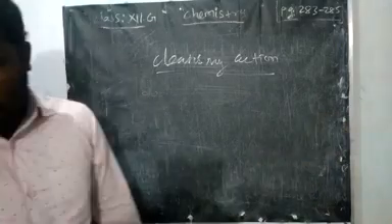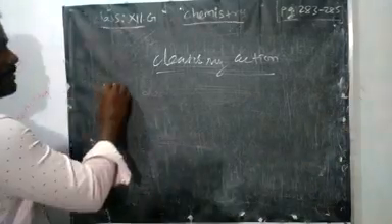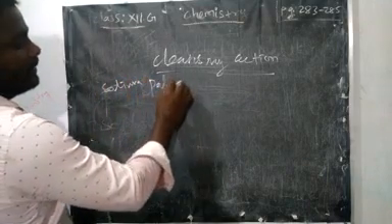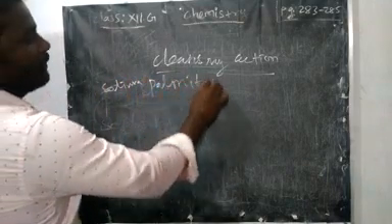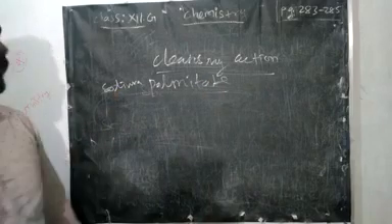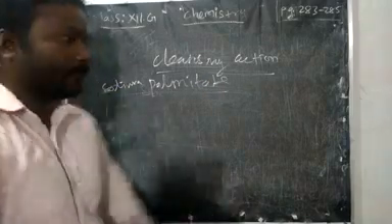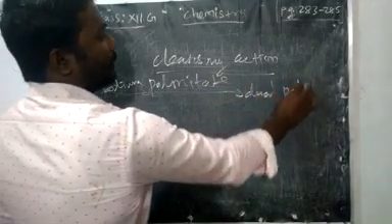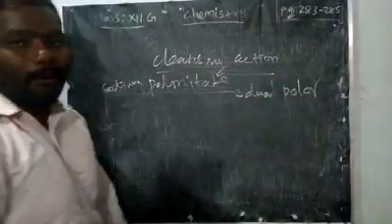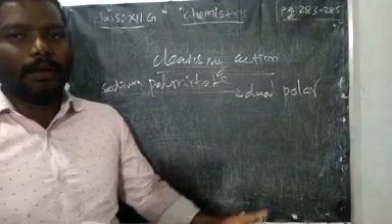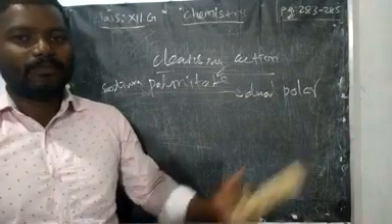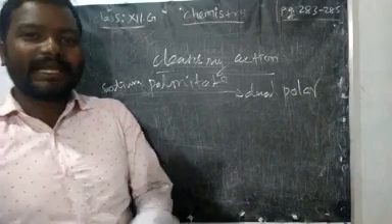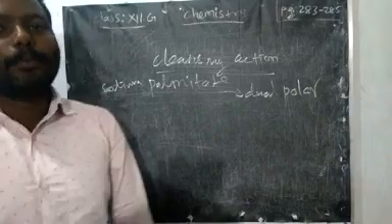For example, we can take sodium palmitate, which has two ends, or we can say dual polar nature. What do you mean by polar nature? A compound having positive and negative ends, having some charge difference, we say polar. Dual means one side non-polar, another side polar.